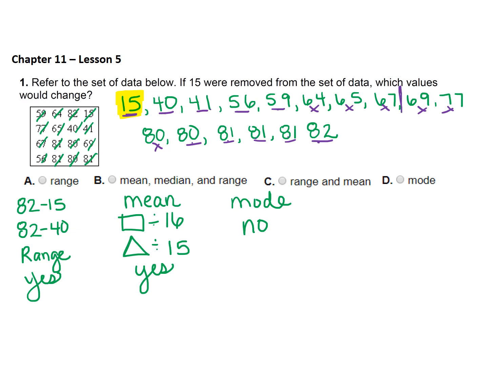The middle value is right here. So the median value is 68. Median with 15 is 68.